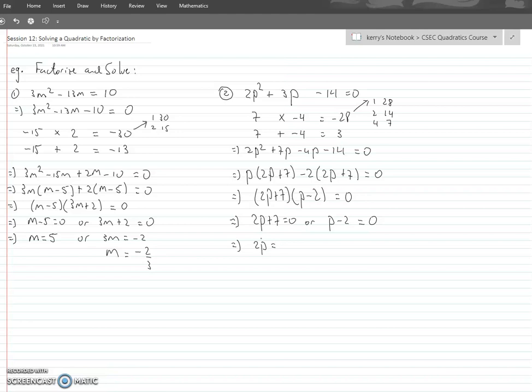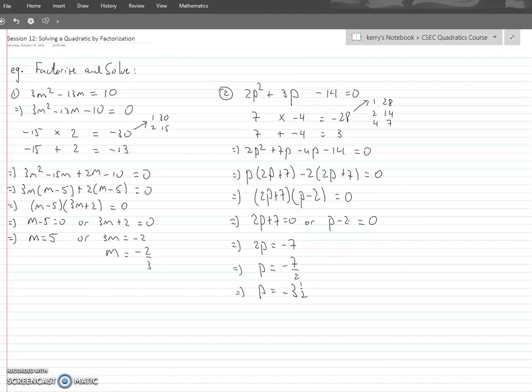So to get p by itself, first thing you have to do is subtract 7 from both sides. And then this is p multiplied by 2. So to get p by itself, it becomes minus 7 divided by 2. In add maths, you can leave this as an improper fraction. But if you are doing this for mathematics, you need to simplify this to a mixed number. So this will give us minus 3.5.